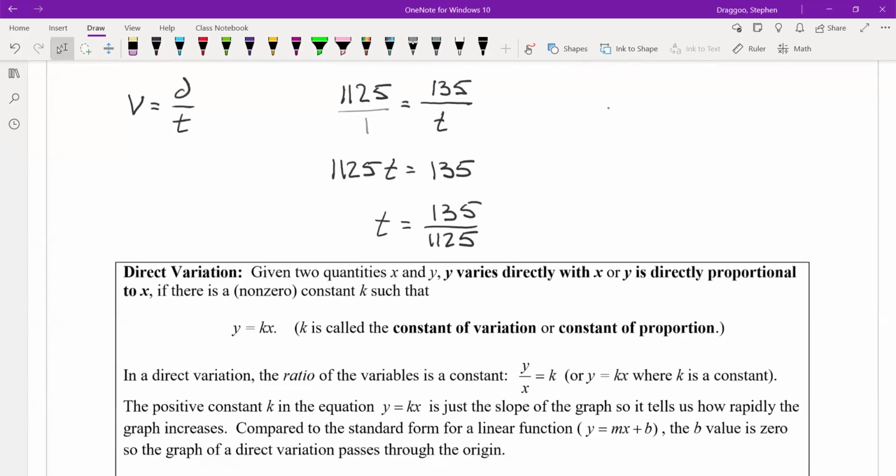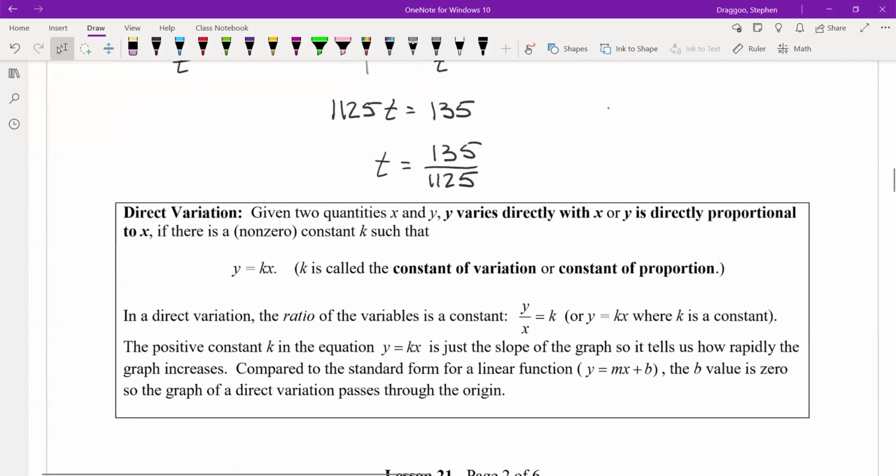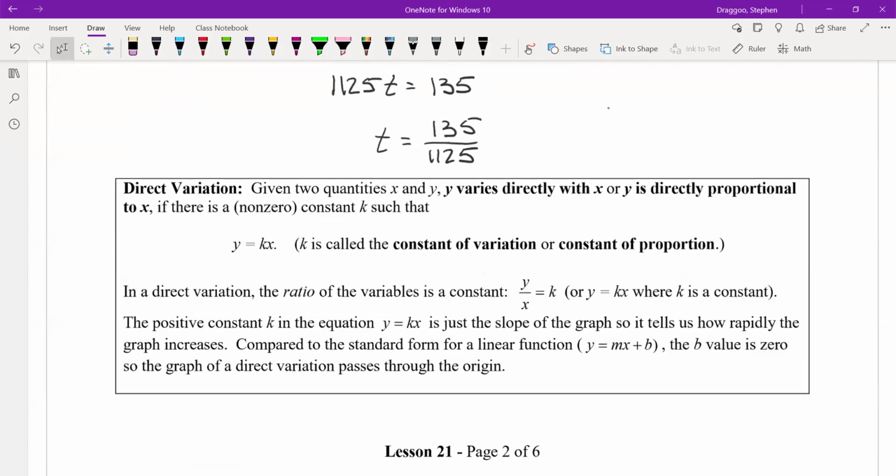If y varies directly with x, or y is directly proportional to x, that means if I were to set up some kind of an equation that relates y and x together, they would both be in the same part of the fraction. So if y and x vary directly, it means if I'm setting up some sort of proportion, both of those values should go into a numerator.